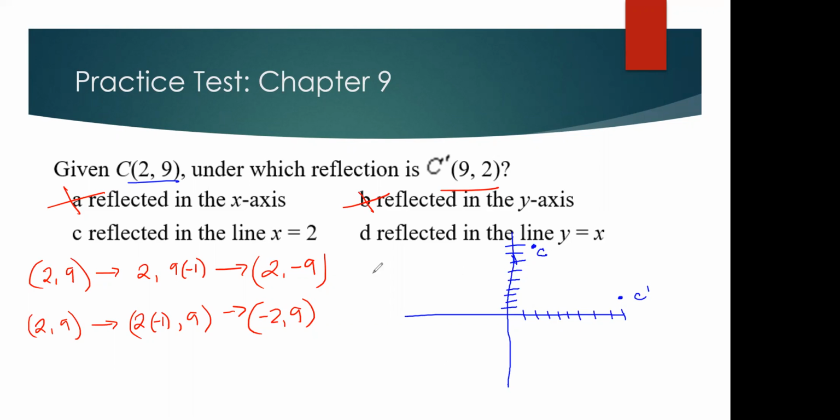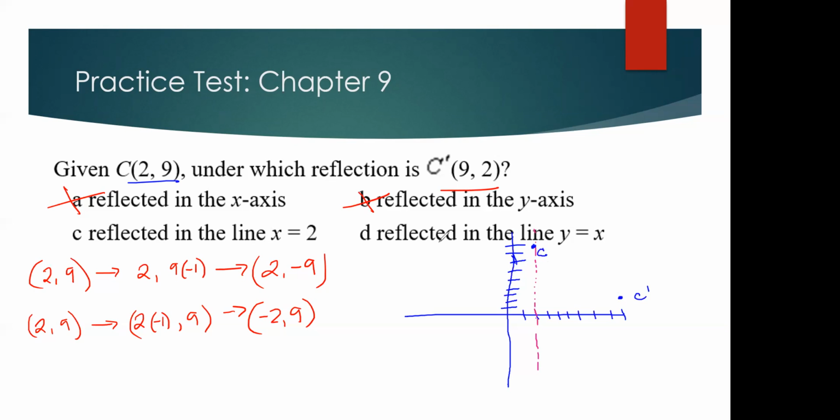Option C says it's reflected in the line x equals 2. Well, x equals 2 is right here. So it's not going to be a reflection because remember, in order to be a reflection over a line, the points have to be the same distance from that line. This one is right on the line, and this one is like 7 spaces away.